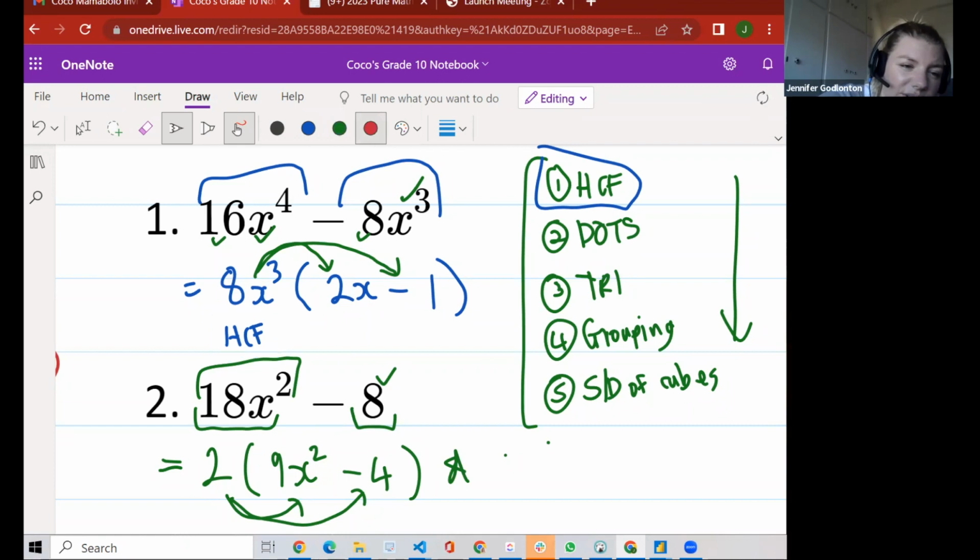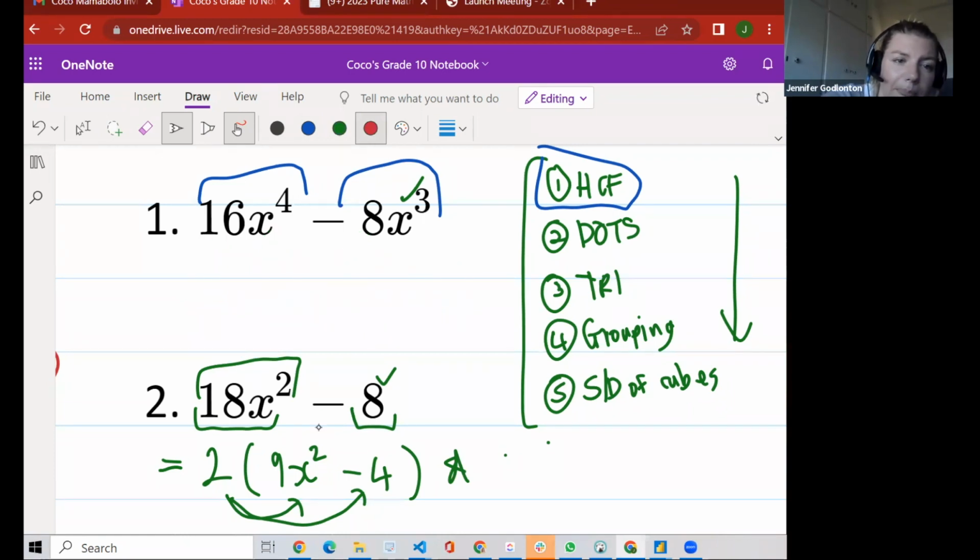For those of you who are still struggling with question 1, we can definitely look at this again over here. Our first step is we're looking at our numbers. We've got 16 and we have got 8, and we're trying to find what number can go into both of those. So 8 can go into both of those numbers. Then we look at our variables. We've got x cubed and we've got x to the power of 4. So I can take x cubed out of both of them.